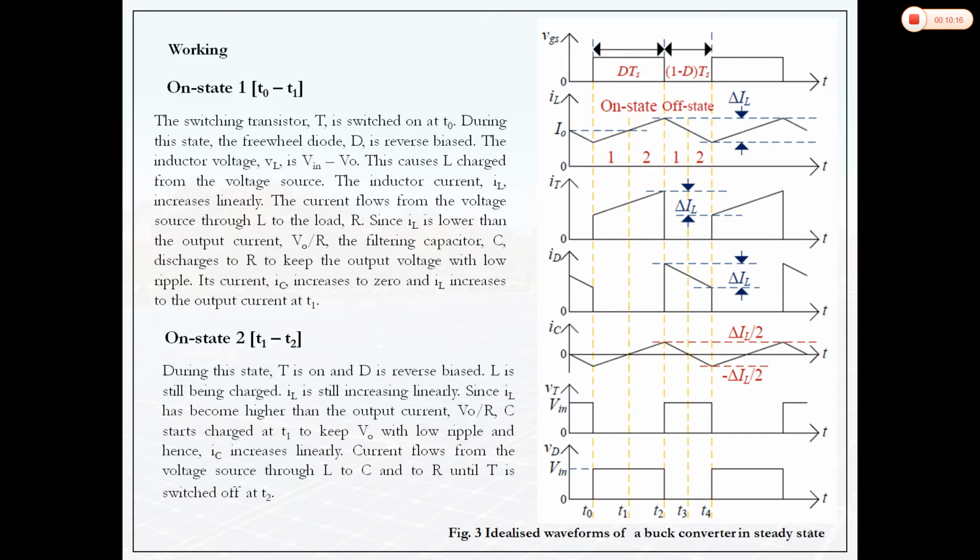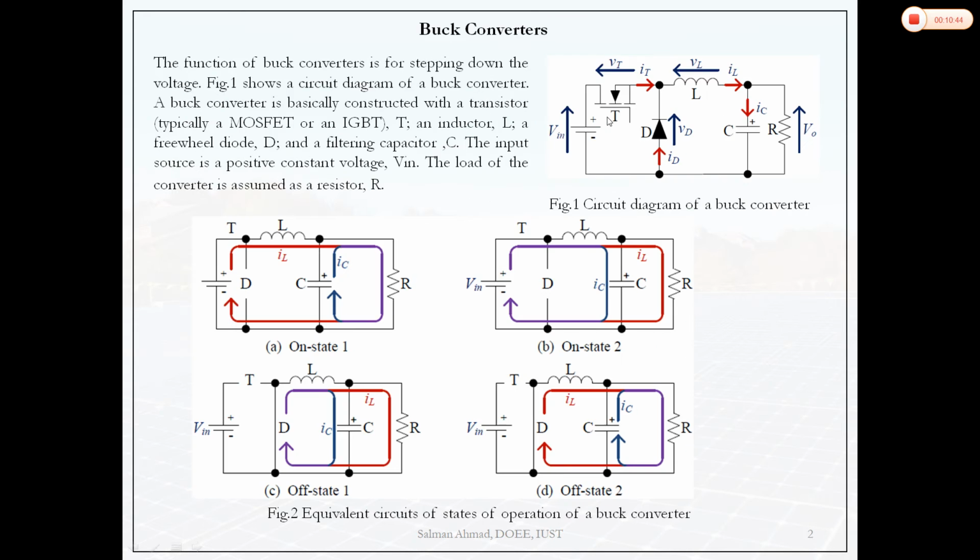So in this interval, IL is less than IO. In that case, the current from the input side, that is the inductor current, and the capacitor current both will supply the load. Then at the end of on state 1, you can see that IL becomes more than IO.